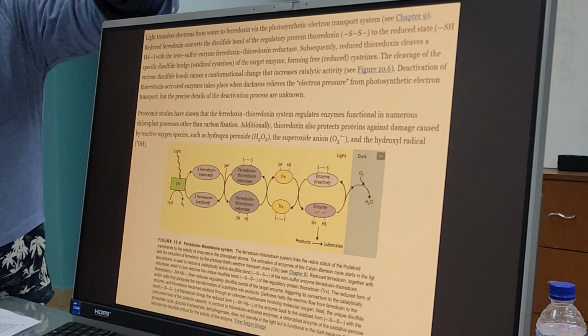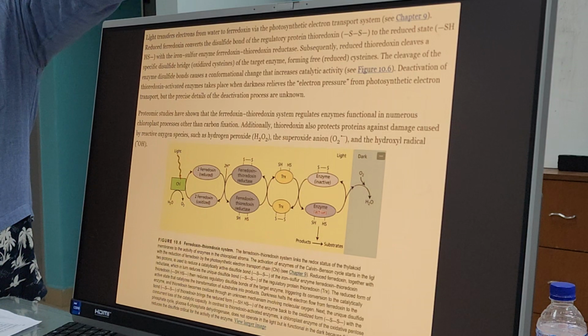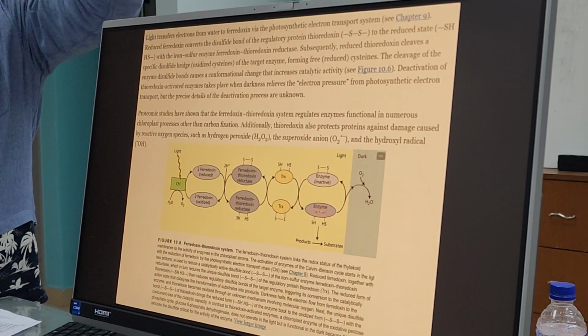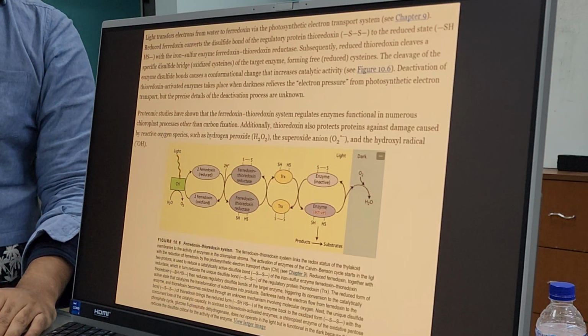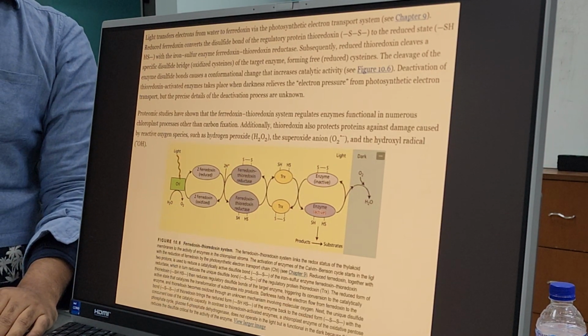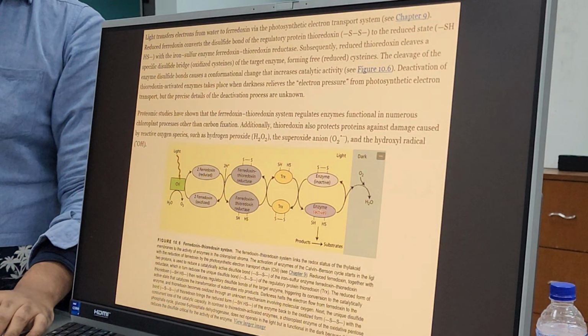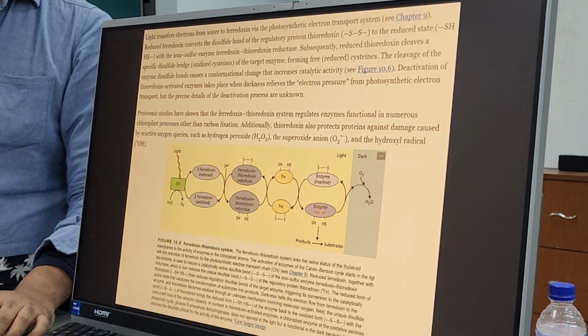Light coming down the Z scheme. What happened to the proton from the stroma side? Is it going to stay there or is it going to get into somewhere? So the faster the electron moves, the more hydrogen H plus will be transferred into the thylakoid.